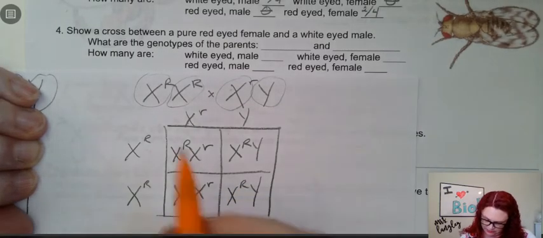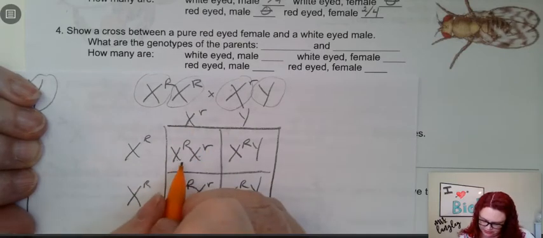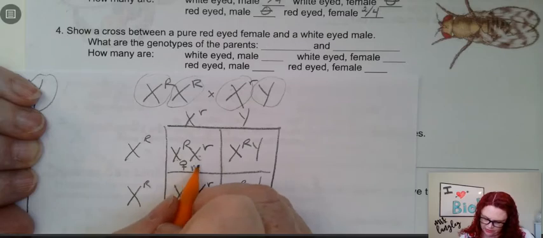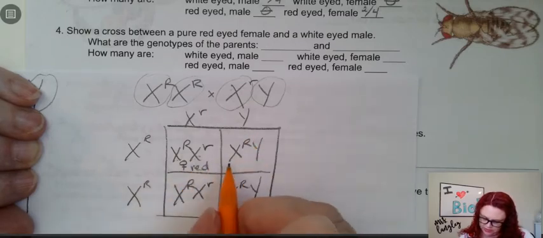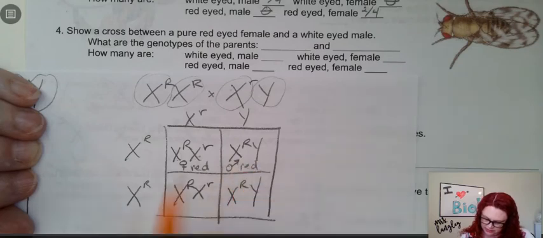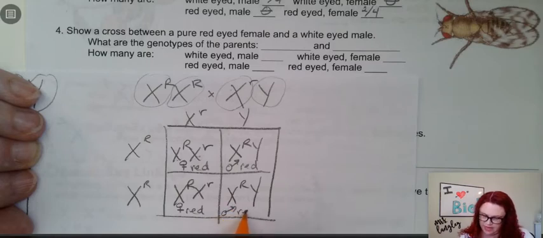Now I look, I have 2 capital X's, 2 X's there, so that's female, heterozygous, so that's red. This one is male, and it's red. This one is female, red, and this one is male, red.